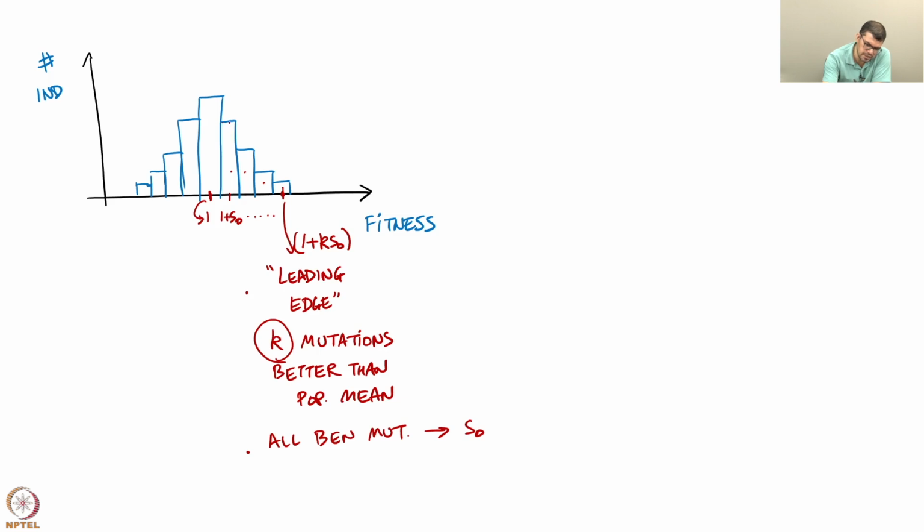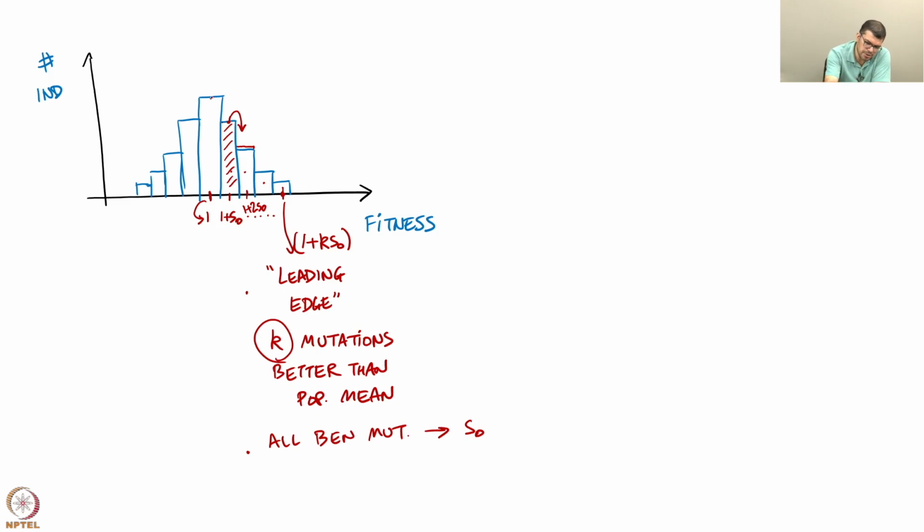As these cells are dividing, it is not as if beneficial mutations are not occurring in these individuals, they are occurring. But as a beneficial mutation occurs, that individual is going to land up in this genotype pool, because this is 1 plus S naught, this is 1 plus 2 S naught. But there are already so many individuals present in this next bar that adding 1 is not going to make any difference from the context of the numbers that we are dealing with in a microbial population.